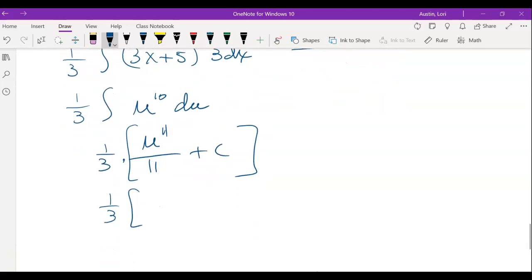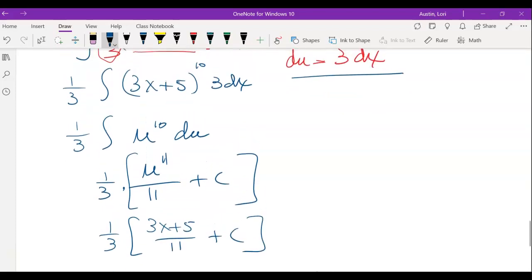What was it? 3x plus 5? Yep. Oh, yeah, I forgot to put the 11 back. I put it up there, I didn't put it in there. There it is. You can leave it like that. That's an 11.